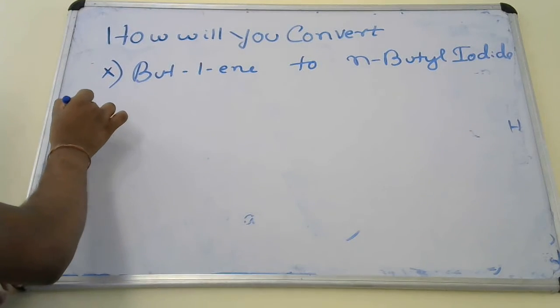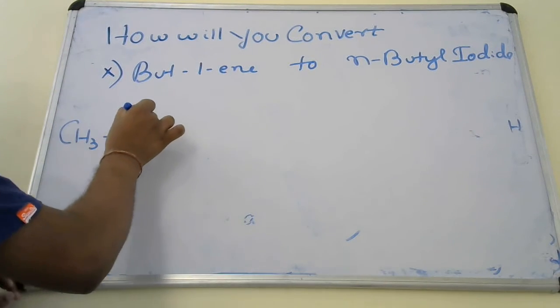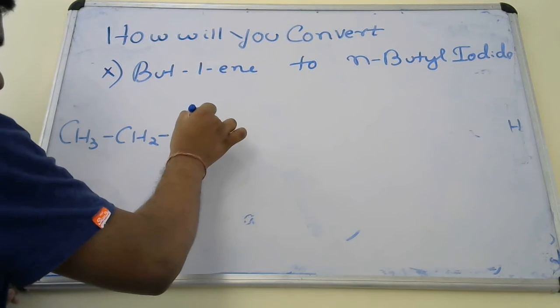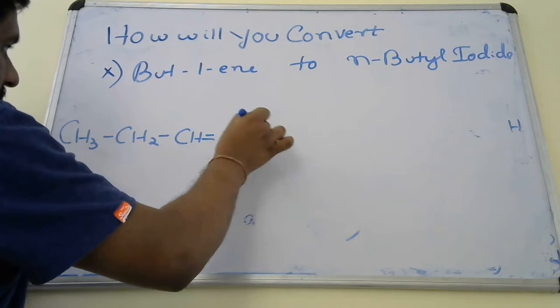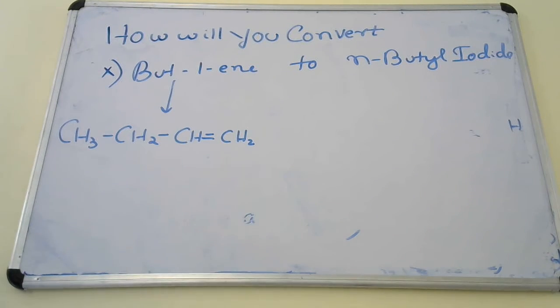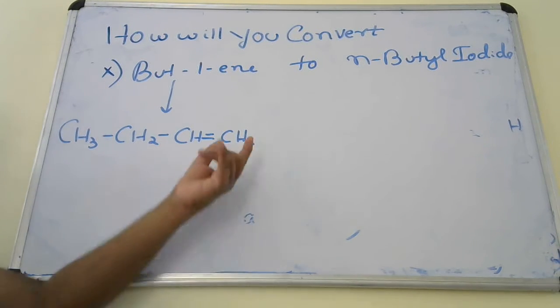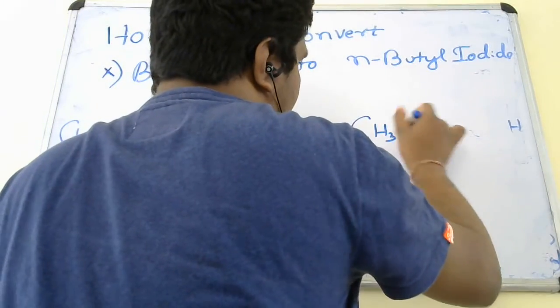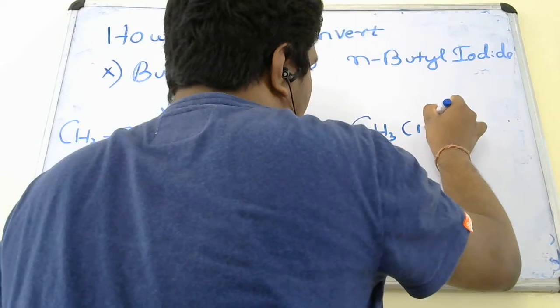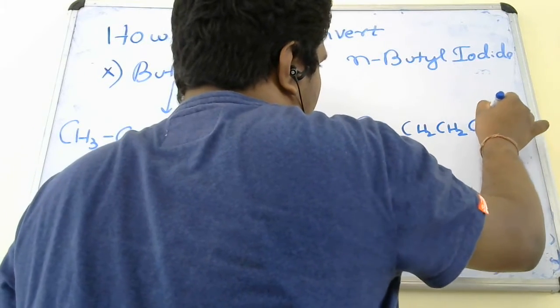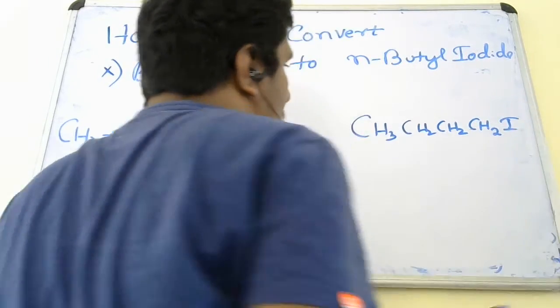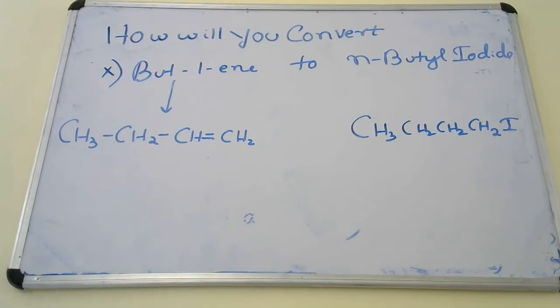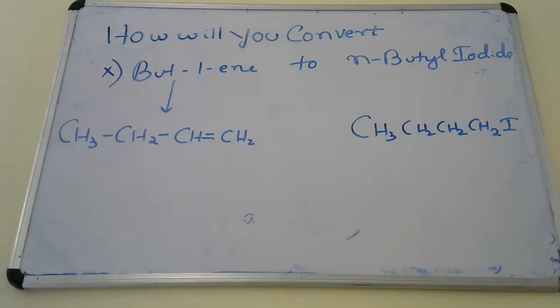First we will write but-1-ene, very easy, the starting reactant, double bond at one position, 4 carbons. For n-butyl iodide, same thing, 4 carbons, and at the last you place one iodine. Done. n-butyl iodide. So how to convert this?